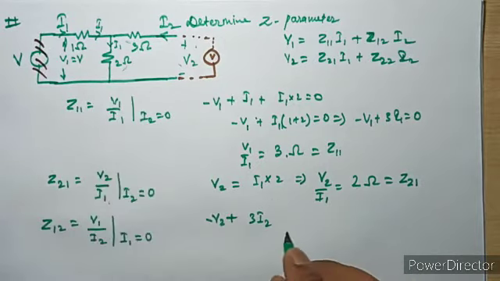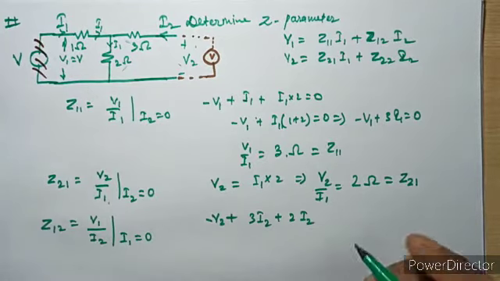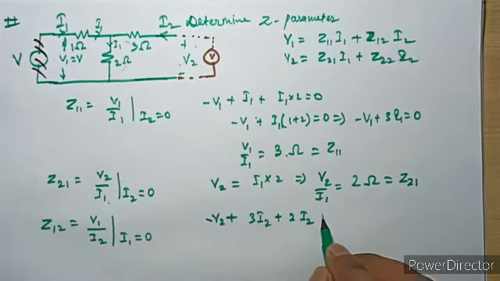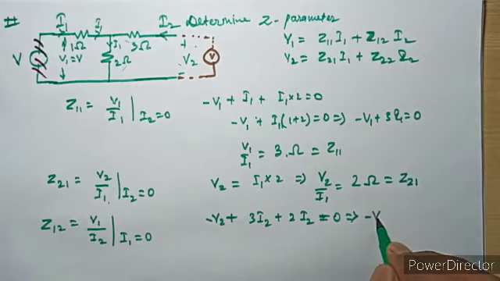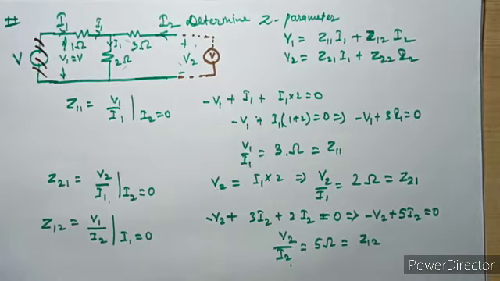So 3I2 plus 2I2 is equal to 0. From here we will have minus V2 plus 5I2 is equal to 0, and V2 by I2 is equal to 5 ohm. And this V2 by I2 equal to 5 ohm we got when I1 was 0. So this is nothing but Z12.